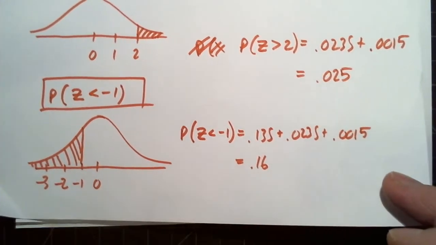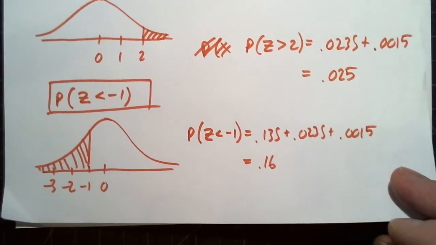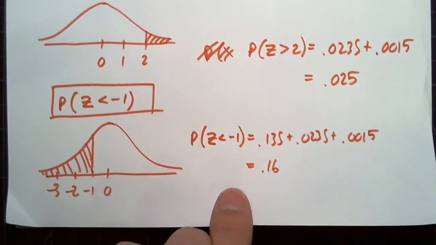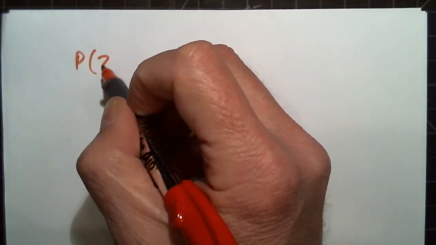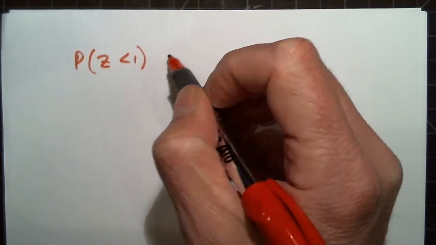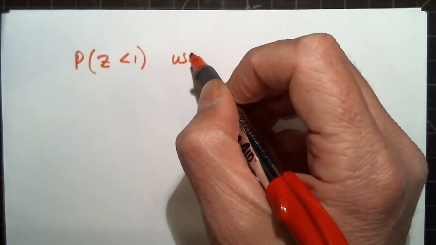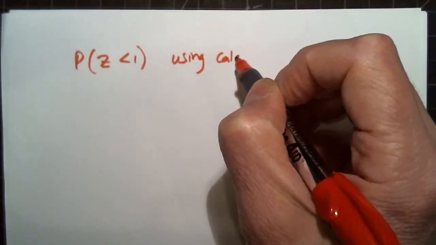So that's how we can use the empirical rule to estimate probabilities without using a calculator. Now let's see how the calculator is used. Let's find the probability that z is less than 1 using a calculator.